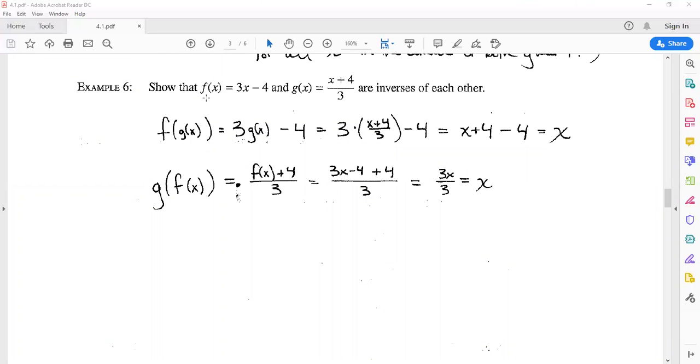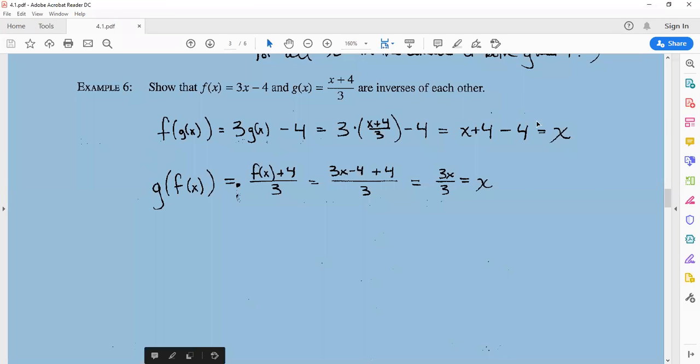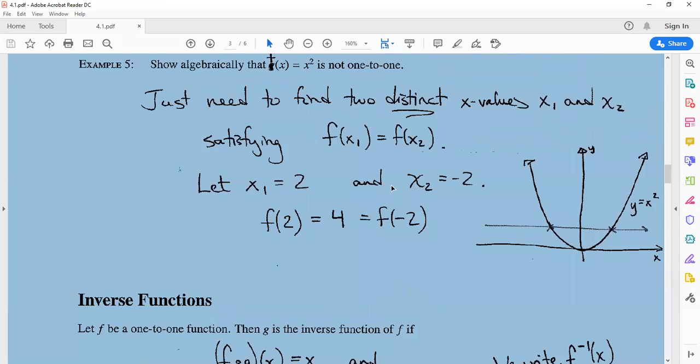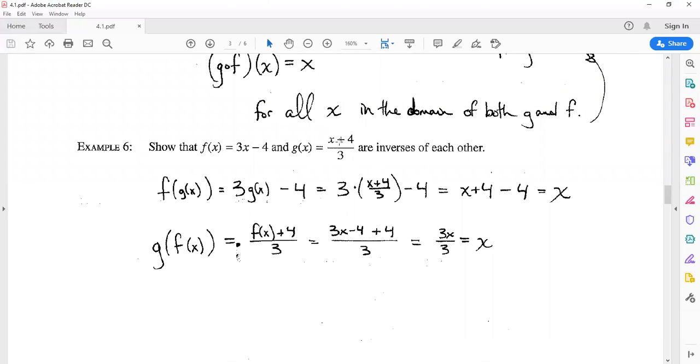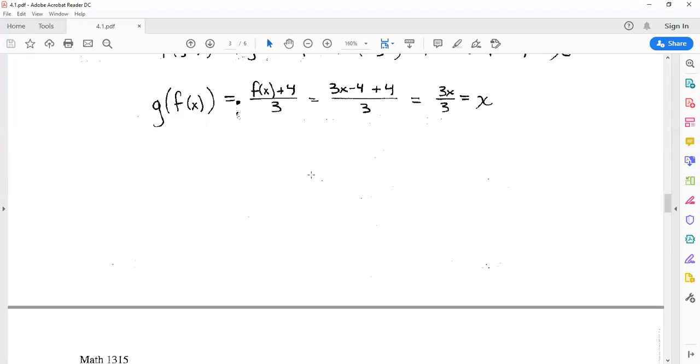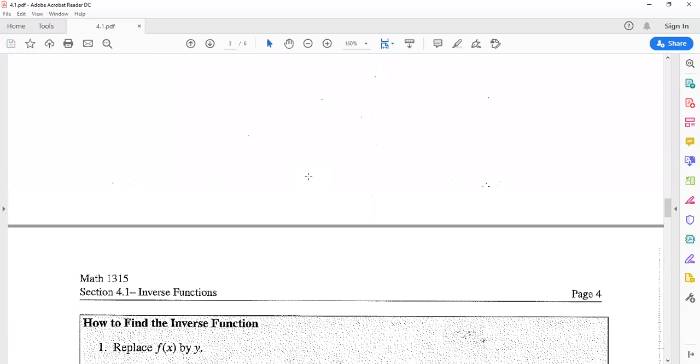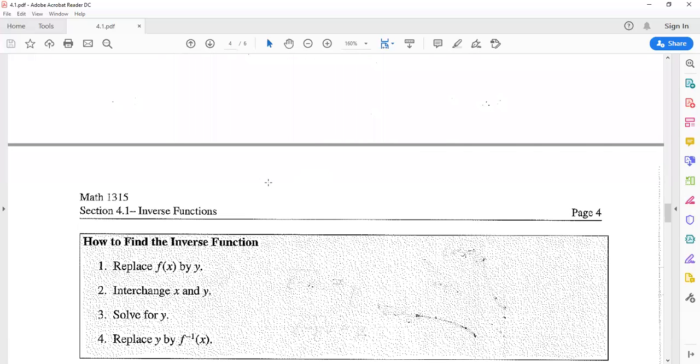So if you're given a function f of x, and you want to know what its inverse is, there's a standard procedure we like to call switch and solve. You start by writing y equals f of x. And then you interchange the roles of y and x.